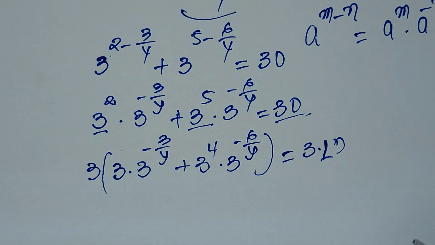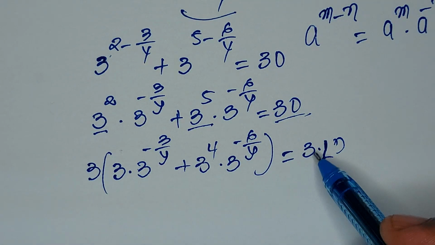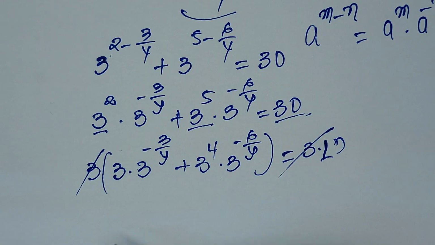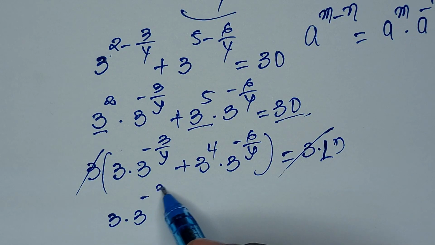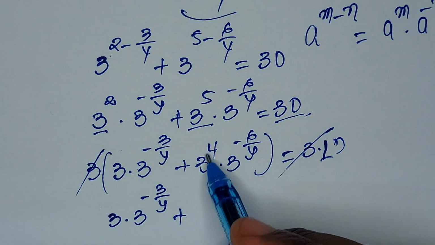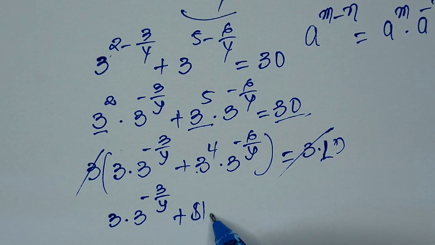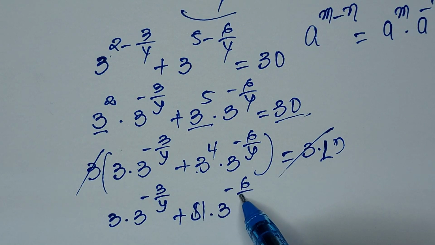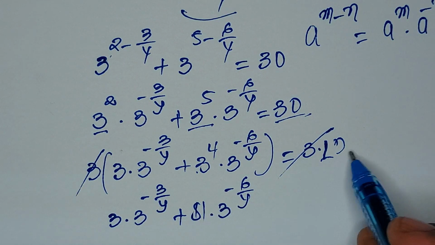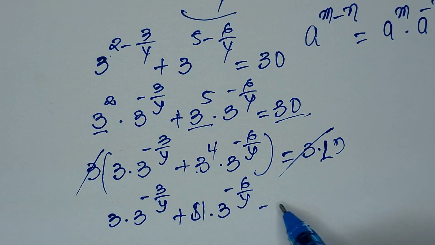This is the same as dividing the whole equation by 3. So now I have 3 to the power minus 3 over y, plus 3 to the power of 4, which is 81, times 3 to the power minus 6 over y, equal to 10, so minus 10 equals 0.